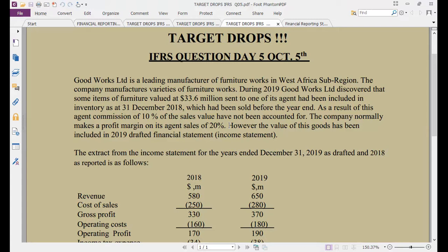So in short, if I understand this very well, they dispatched some furniture, some goods, at a cost of $33.6 million US dollars.